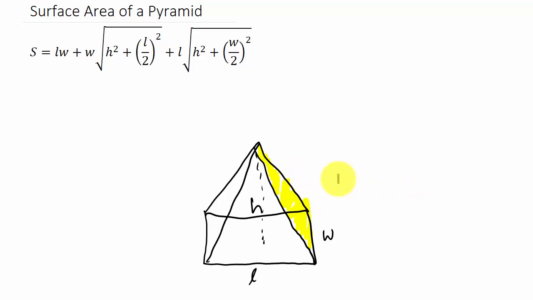If we're standing over here looking at the side in that direction, it's going to be a triangle, just like this side. Basically, what we're doing is finding the area of a triangle.